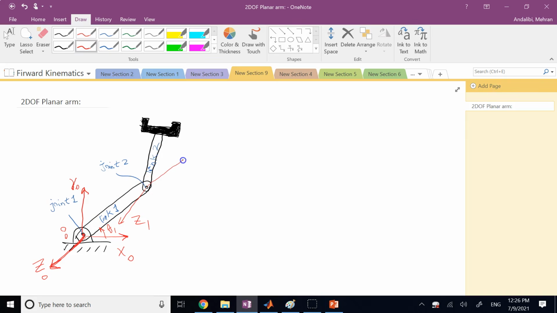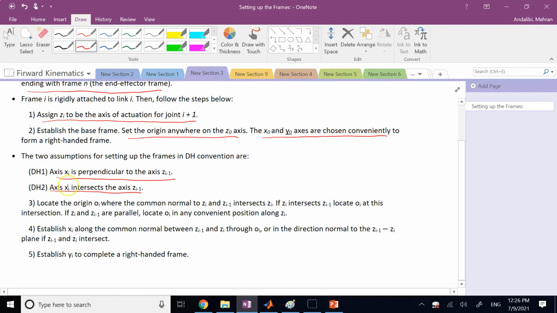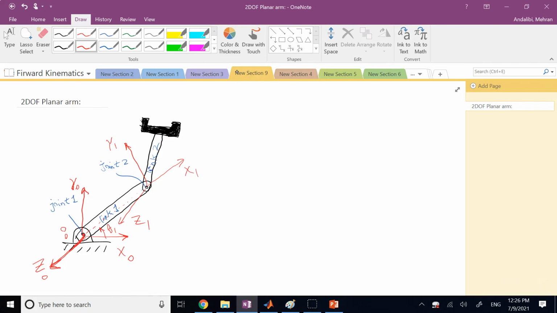If I choose x1 collinear with link 1, then when you extend it, it will intersect z0, because x1 and z0 are just directions and can extend both ways. That's the only solution I have for x1. And automatically y1 should be perpendicular to x1 and z1 in a right-handed manner. So you see, x1 is forcibly determined through the two assumptions of DH. Good, then y1 is set and my frame 1 is set.